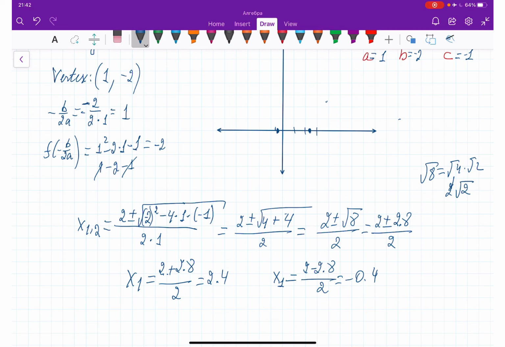So one intercept, second intercept, and the vertex is positive 1 and negative 2 right here. Negative 2, this is 1. Let me see.